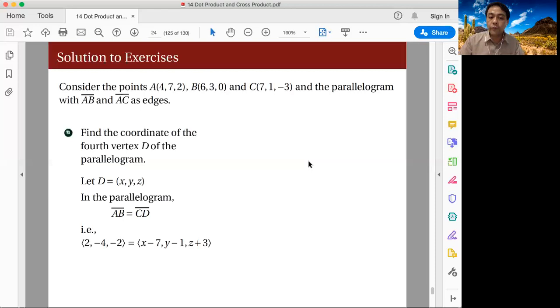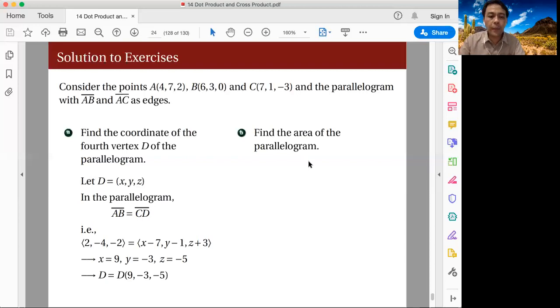And then two vectors are equal if their corresponding components are equal. So you just equate x minus 7 to 2, y minus 1 to negative 4, and z plus 3 to negative 2. And you get x equals 9, and y equals negative 3, and z equals negative 5. So this will be the point D, 9, negative 3, negative 5.